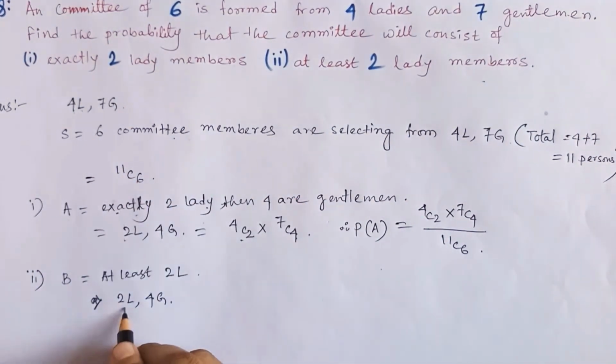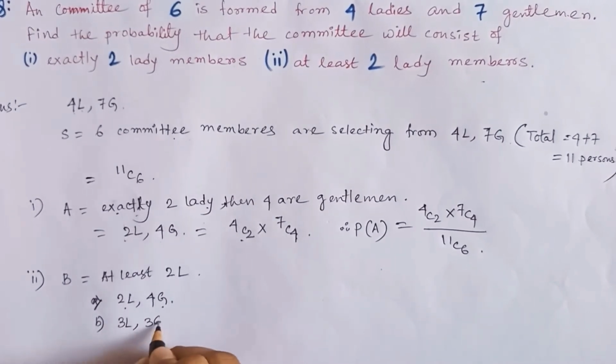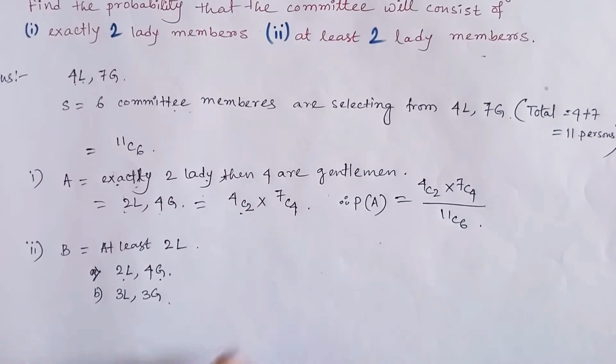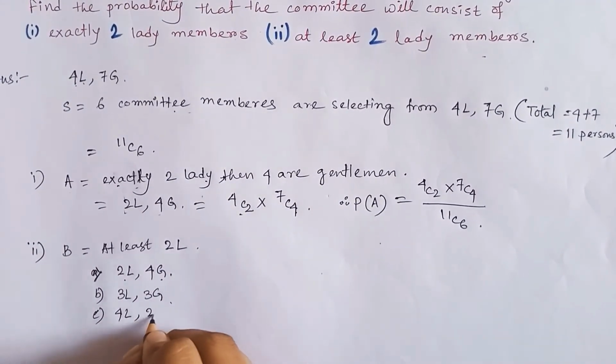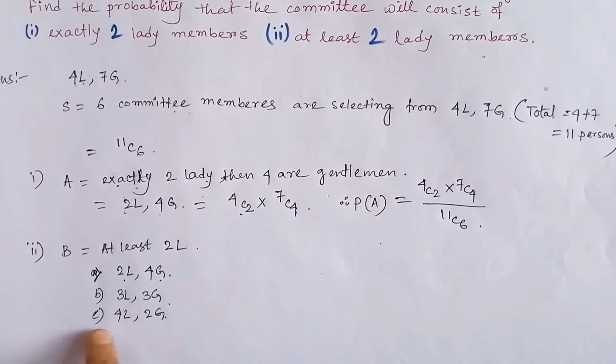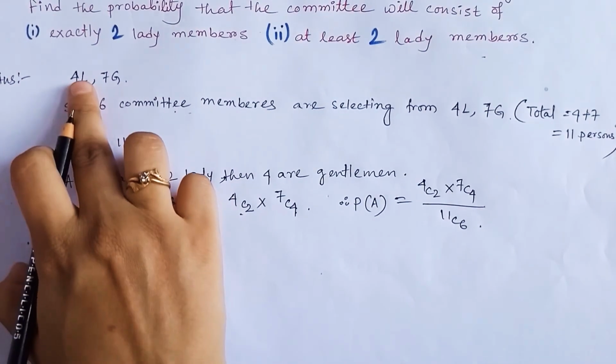Next, if 3 ladies then 3 gentlemen, because there are 6 committee members. If 4 lady then 2 are gentlemen. So here are 3 possible ways, because the maximum lady members are 4.